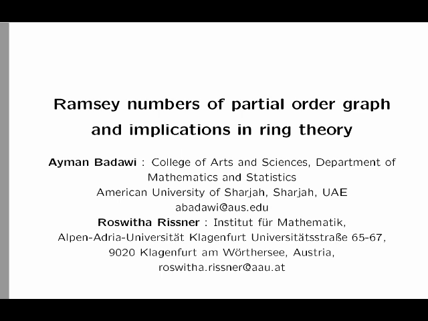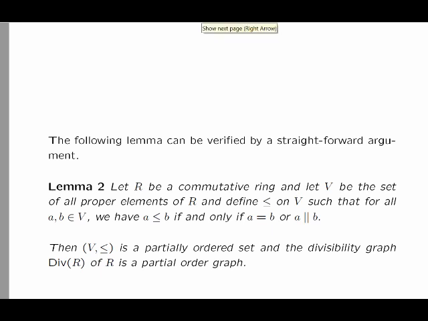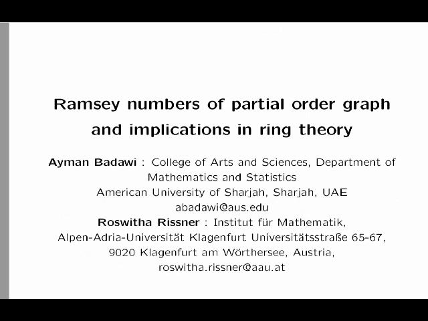All right. But here we did not study it for all graphs. We only study the Ramsey number for partial order graphs. What do I mean with partial order graph? First you need to know what we mean with partial order on a set.